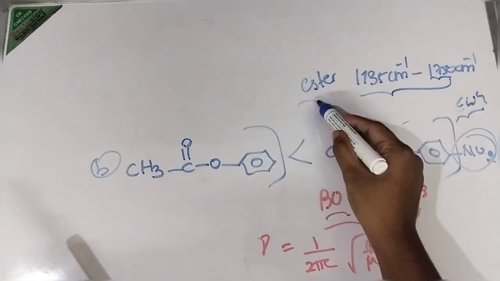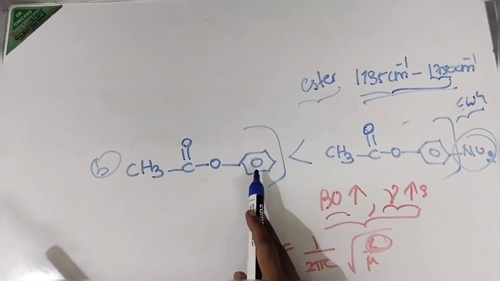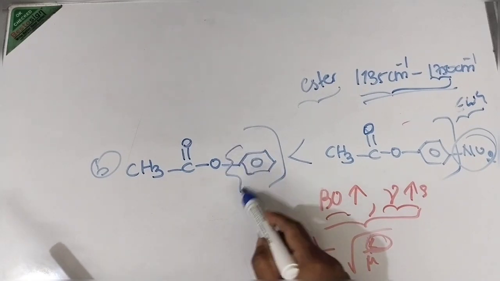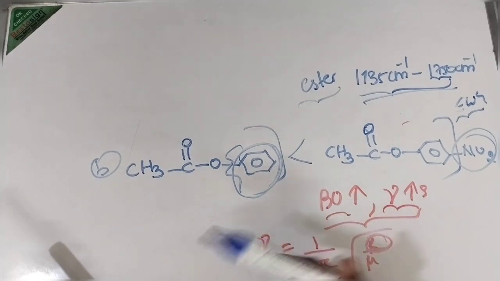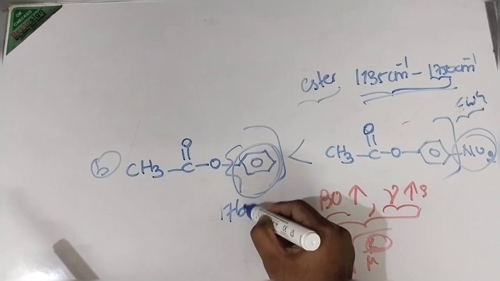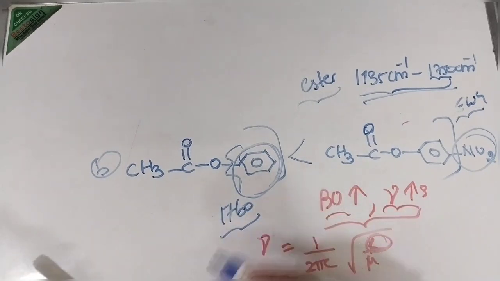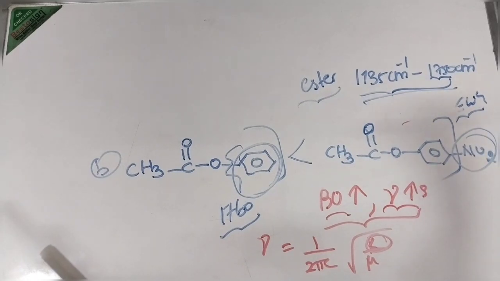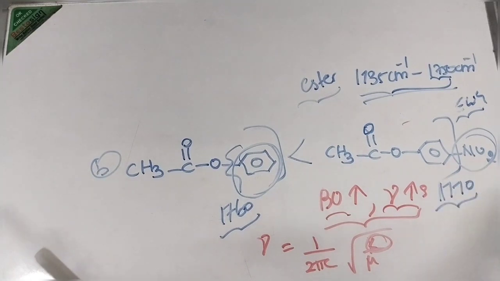So generally ester will have this range, but here in this case we are having an electron withdrawing phenyl group, right? So what happens here is the range can go up to 1760, okay? In this case a nitro group is also present, so hence the value may go around 1770, okay?